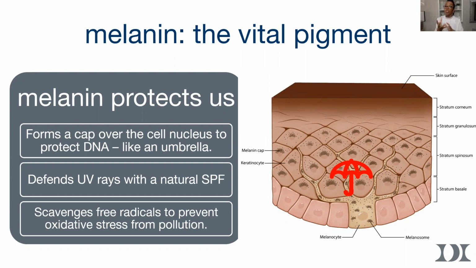Because it is true scientifically that a lighter skin does tend to have a natural SPF of about 1 up to 4, and we'll see this in the next slide shortly. And then a deeper, melanin-rich skin can have up to 13.